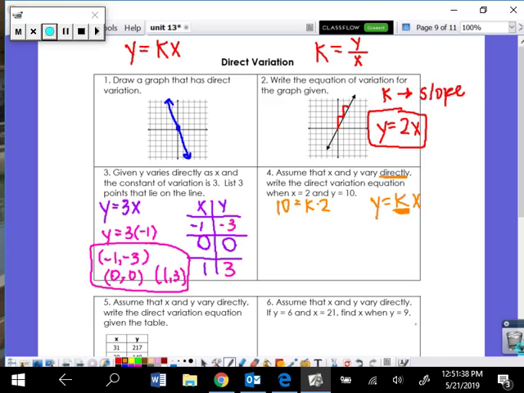So I'm going to solve for k here. I divide by 2 on the right and 2 on the left. So k equals 5. So what happened here is I plugged in the 2 for my x and the 10 for this y. Solve for k, and our equation will be y equals 5x.